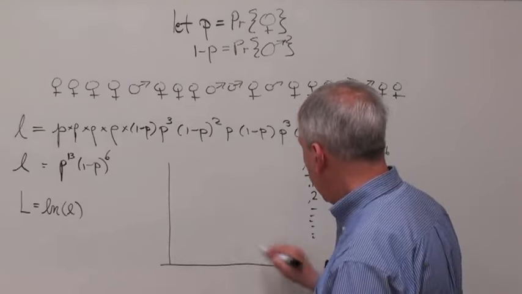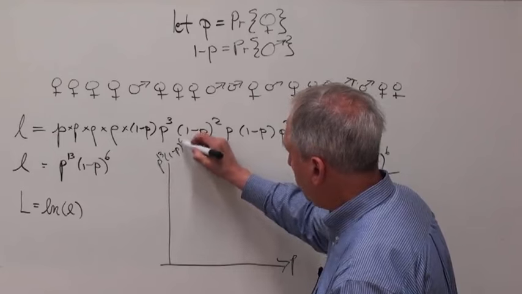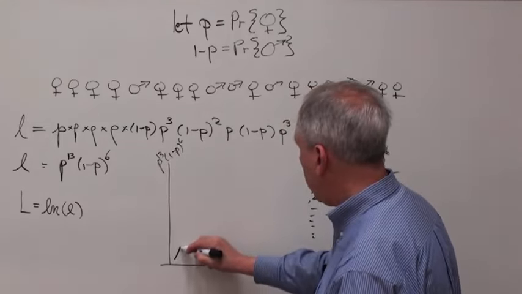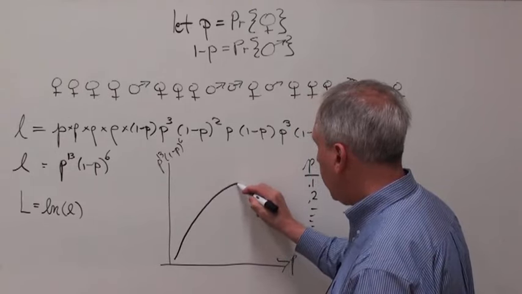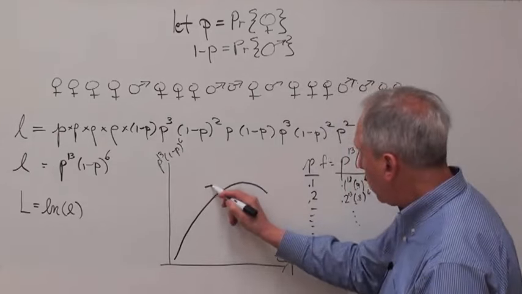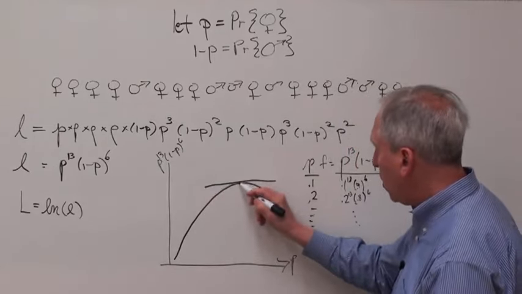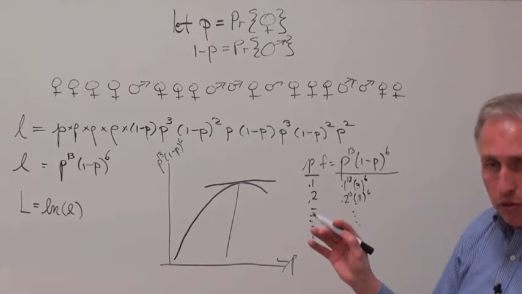Here's p, and here's the function, p to the 13th times 1 minus p to the 6th. I would see a function that rises, rises, rises, and then eventually begins to come down. The point where the function is maximum is the maximum likelihood estimate. It's where the function peaks.